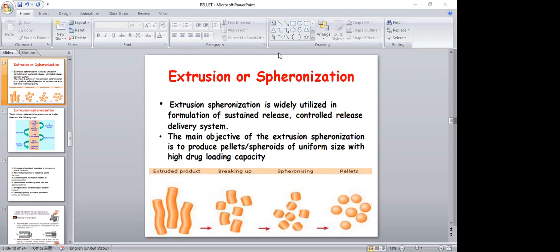As you can observe in the diagram, the extrudates are formed by the extrusion technique. Then the breaking of that extrudate takes place. Then spheronizing takes place, and finally through the spheronizer you will get spherical shaped pellets.